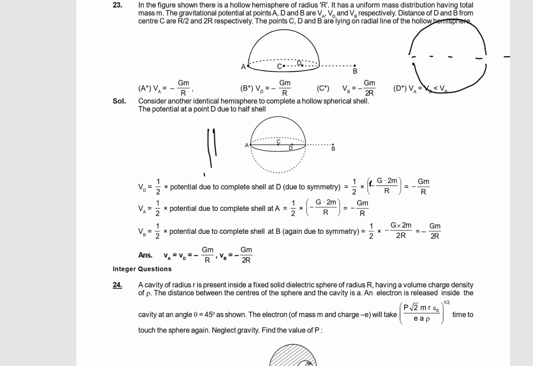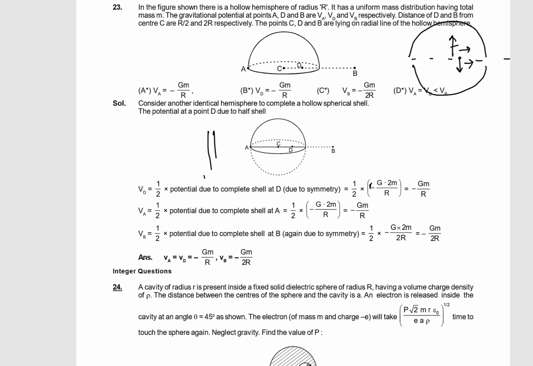At this particular point, say the field due to the upper shell is downward and to the right. The field due to the lower shell will be upward and also to the right. So this will not become equal to 0. The upward and downward parts will get cancelled, but this is remaining.